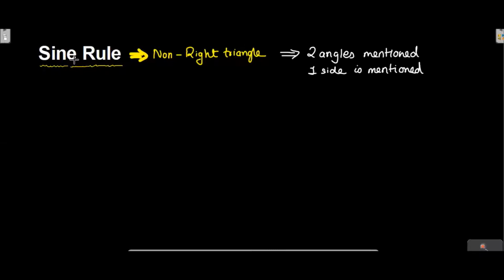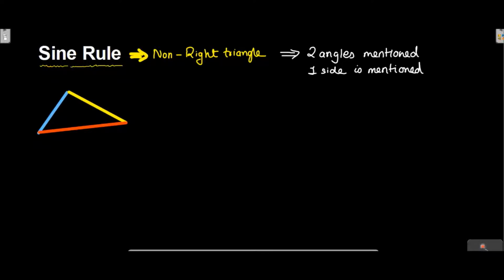Okay, so let's start. To understand the theory first, I will draw a non-right angle triangle with three different colors: blue, yellow and red.